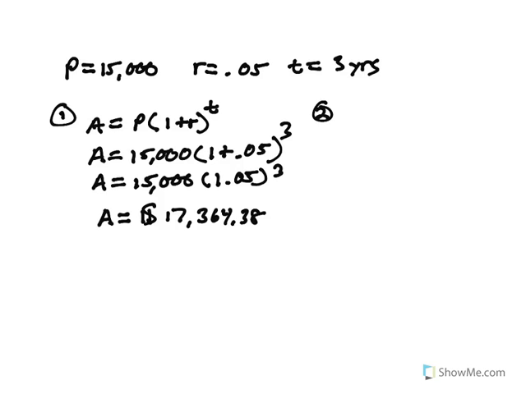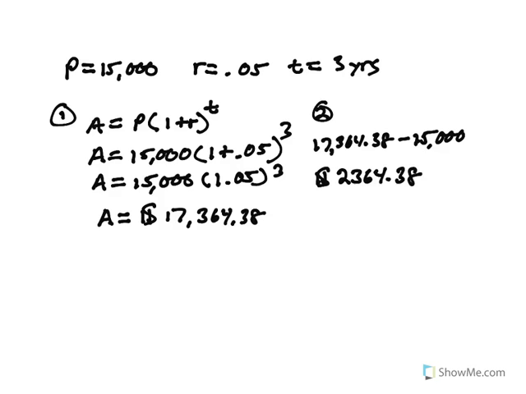So what you do is you have $17,364.38, and you're going to subtract the original principal, which is going to be 15,000. And when you do that, you get a difference of $2,364.38.